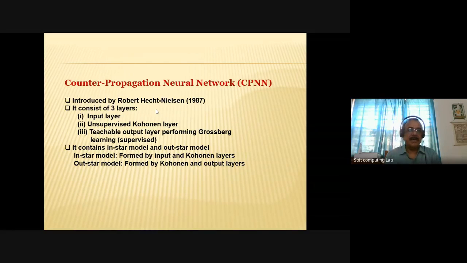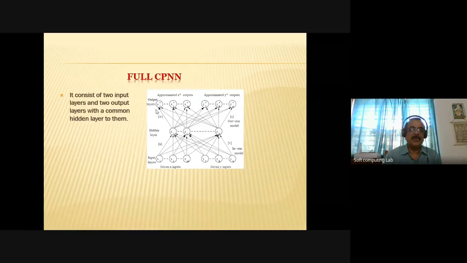Remember, in the counter propagation network, we use the principle of both the unsupervised coherent network as well as supervised learning, that is called Grossberg learning. So this is a network where we use a combination of unsupervised as well as supervised learning. Let us see how to design that particular network as a tool for input-output modeling.